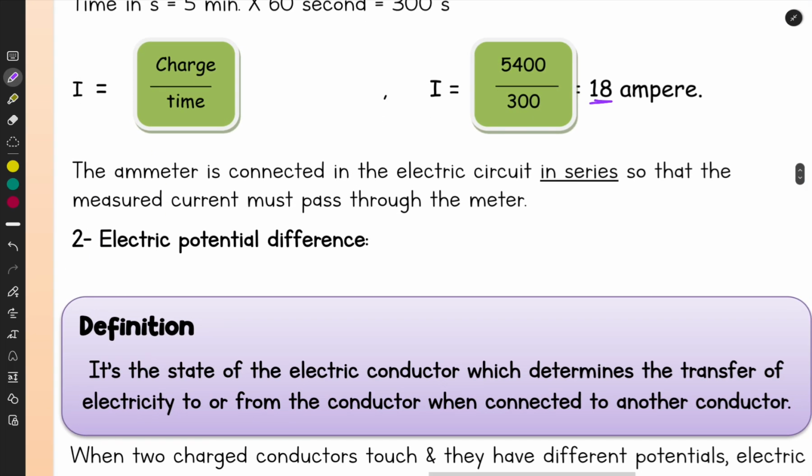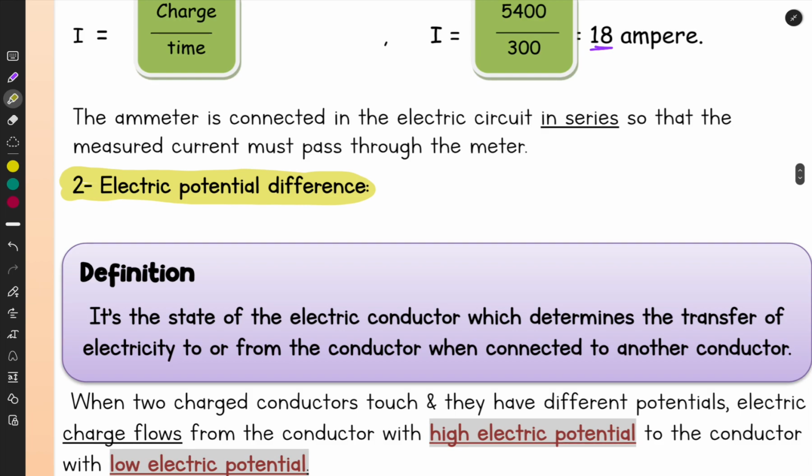Number 2, we have the electric potential difference. What is the meaning of electric potential difference? Electric potential difference is the difference of electricity between the two poles of the cell.